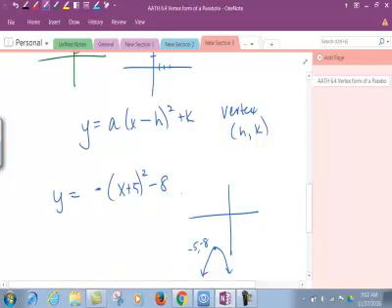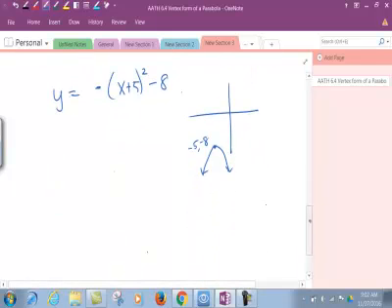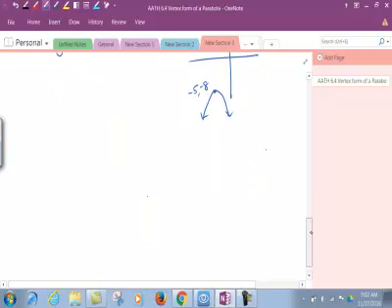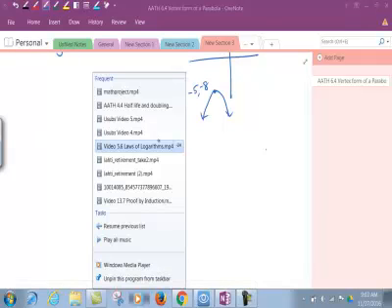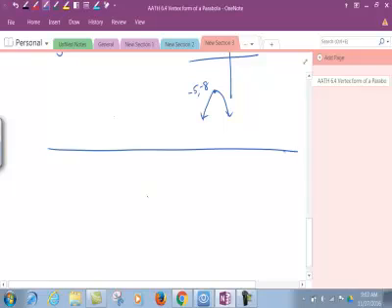The vertex form of a parabola is very convenient, so let's talk quickly about how we change a parabola in standard form to vertex form. The great thing is that you've done this before. It's just a form of completing the square with a slight difference. If you're good at completing the square, you're going to be really good at changing this to vertex form.